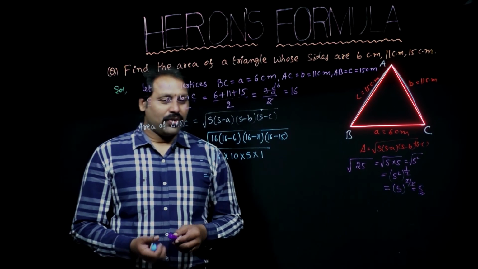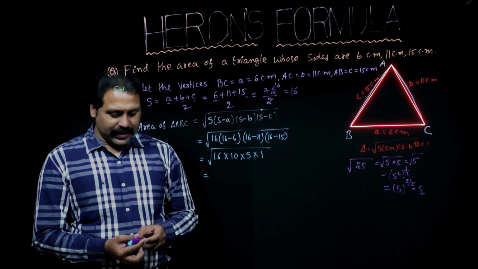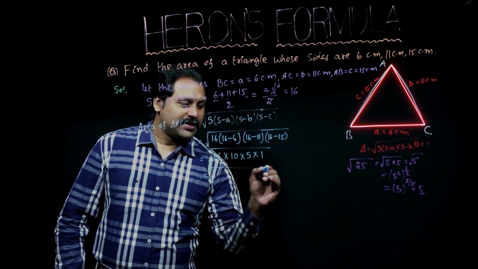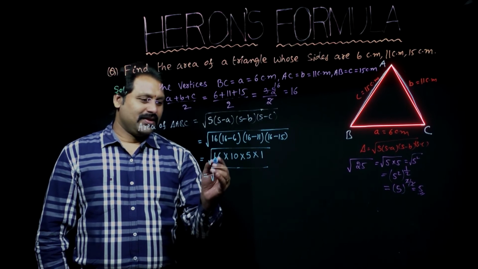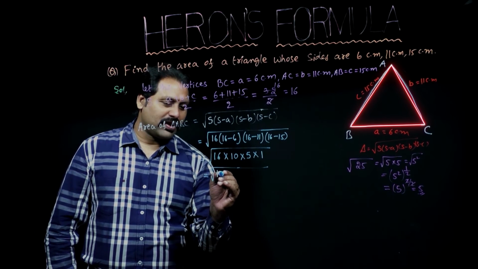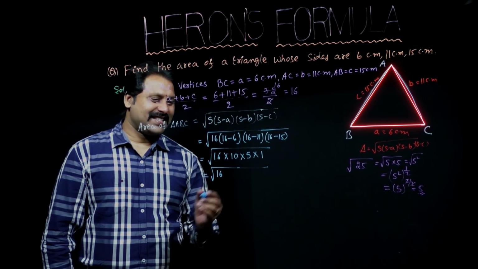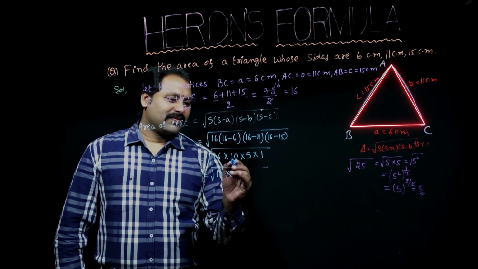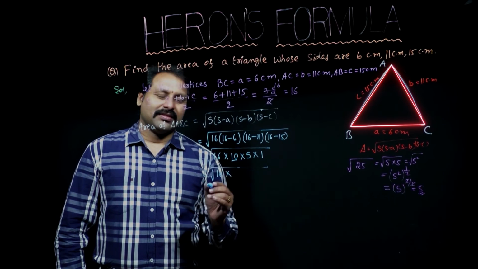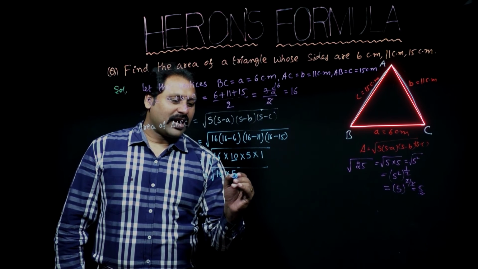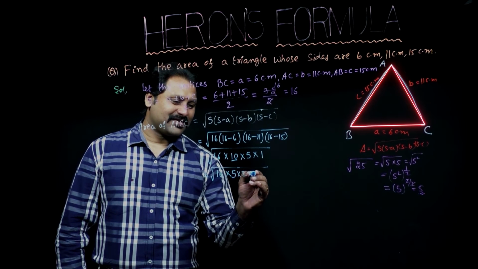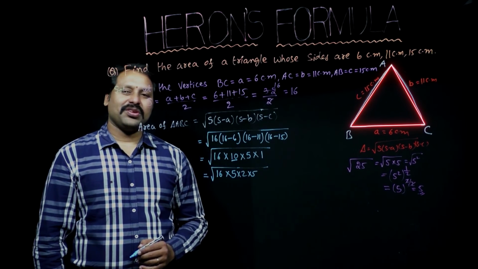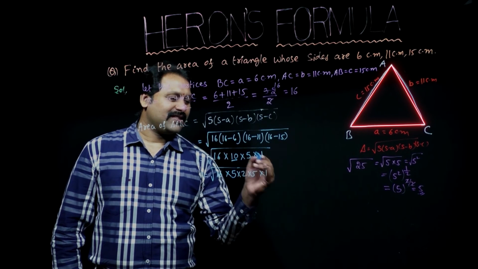So now I would like to write these numbers in terms of like numericals. So 16 we are having square root, so write down as it is, into the 10 can be converted into 5 into 2, because here we have 5. That's why 5 into 2 into 5 into 1.